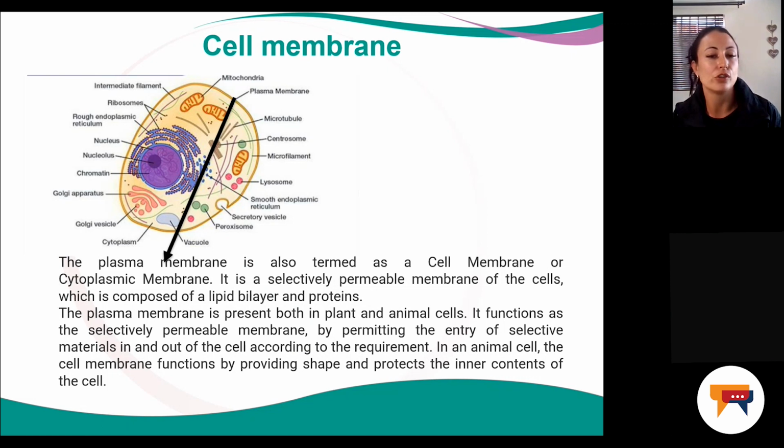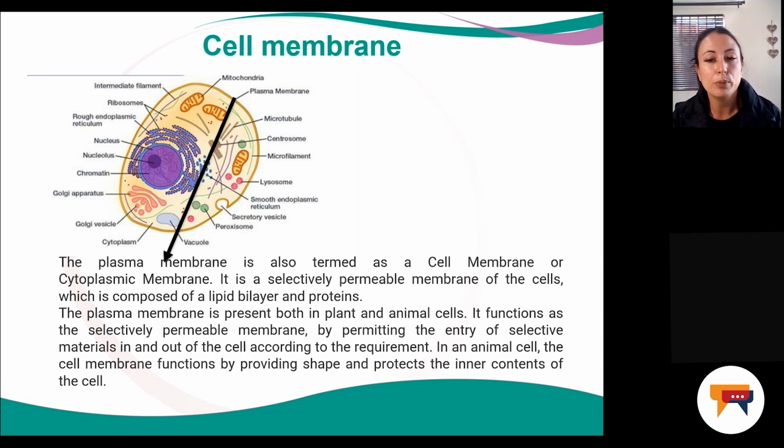Again, it's also referred to as the plasma membrane. I showed you where it is labeled on the diagram. The plasma membrane or the cell membrane, or even the cytoplasmic membrane, which is a third name for it, is also correct because it's the membrane that encloses the cytoplasm.